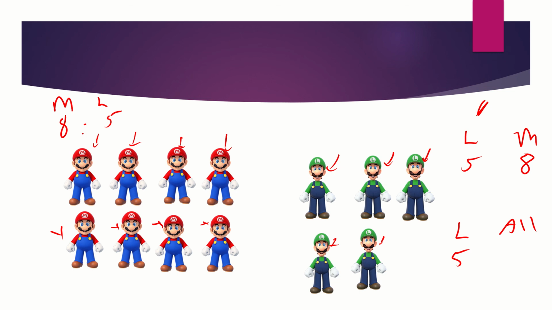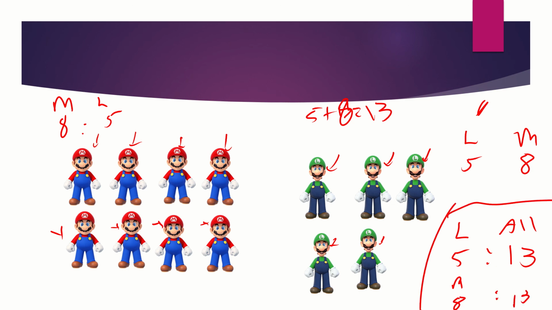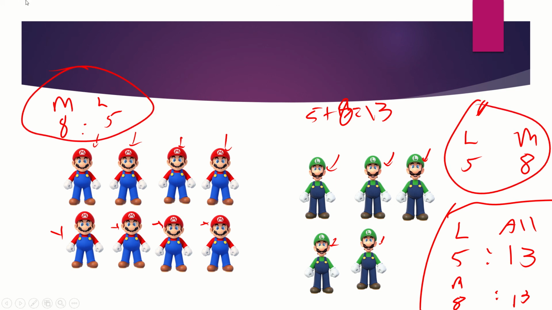So we have 8 of Mario's characters. So 5 plus 8 is 13. So we have 5 to 13 is Luigi to all characters, and then Mario would be 8 to 13. All right. So here, these are part to whole ratios, and this is a part to part ratio as well as this.